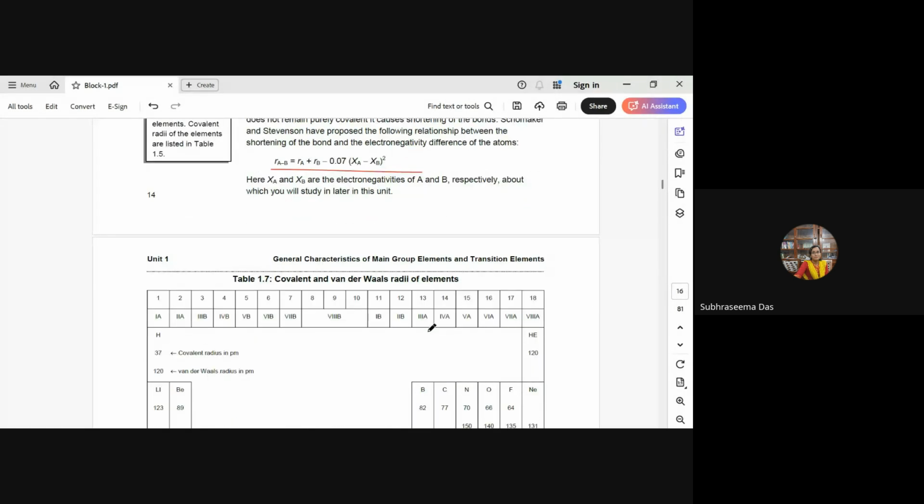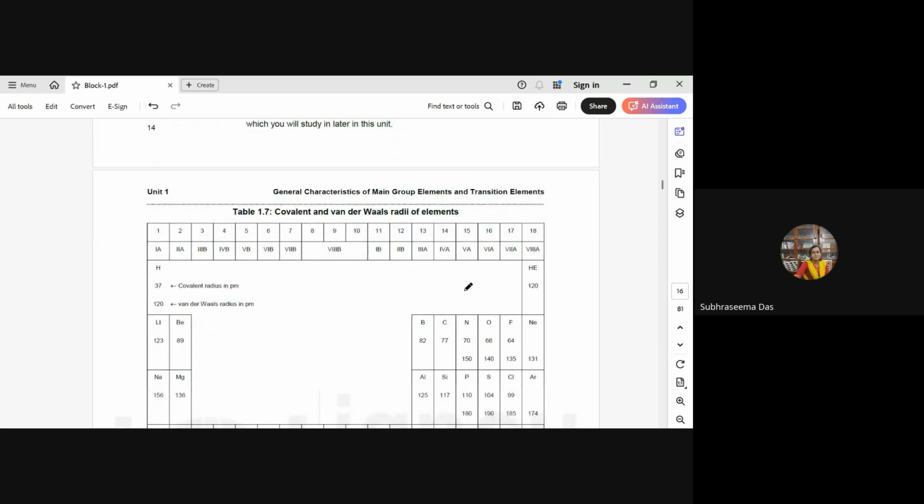There are certain scales and procedures by which we can calculate electronegativity, which we will study later. But this is how in general we calculate the covalent radius. Now coming to table 1.7, here there is a list of different covalent and van der Waals radii of the elements.